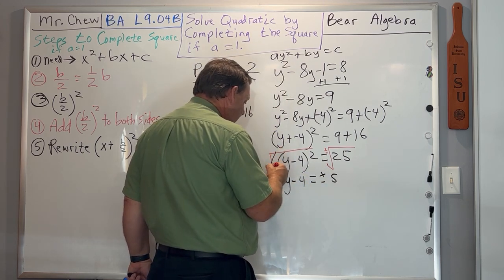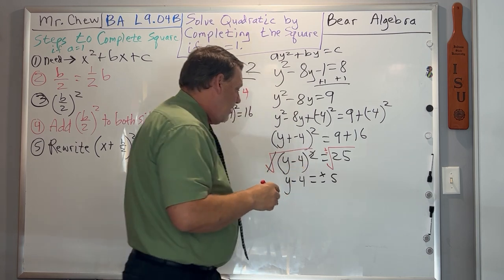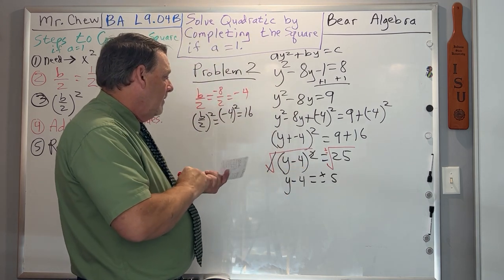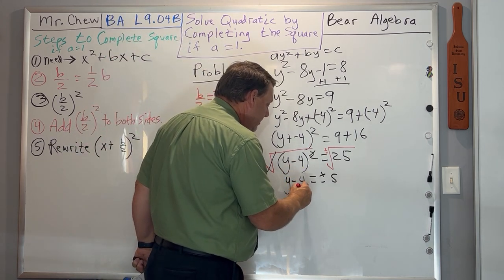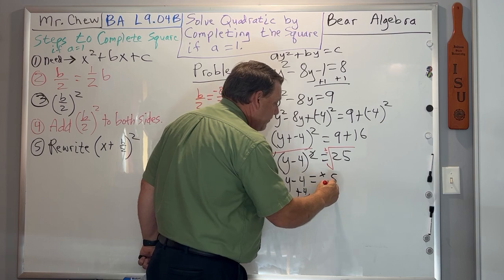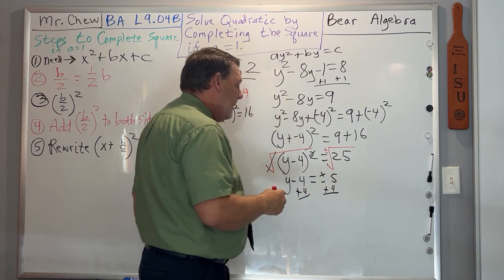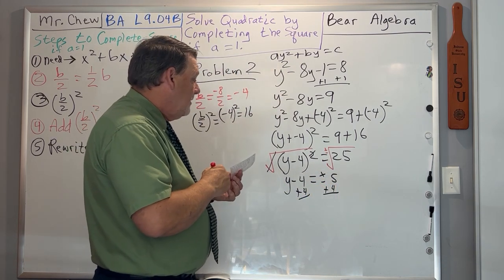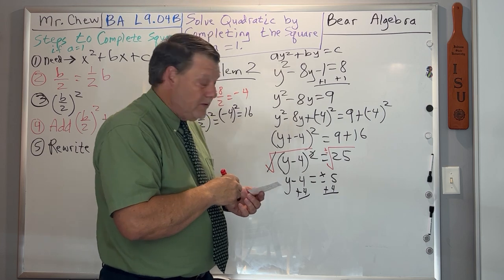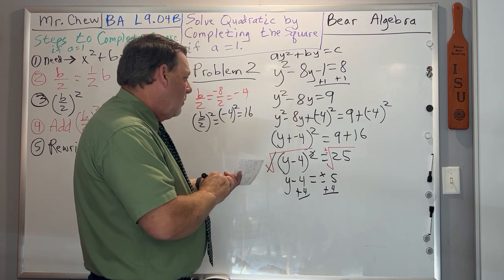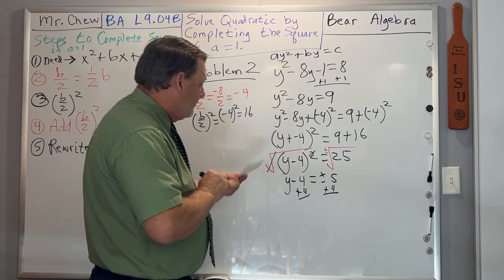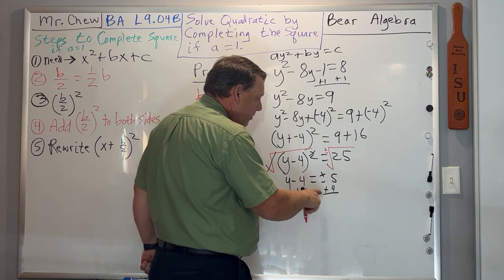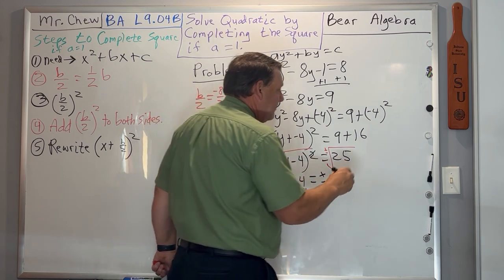Because remember, the square root and the square are inverses. So I add a 4 to the left and add a 4 to the right, and that is using the addition property of equality. And so I end up having as an answer y equals 4 plus or minus 5.